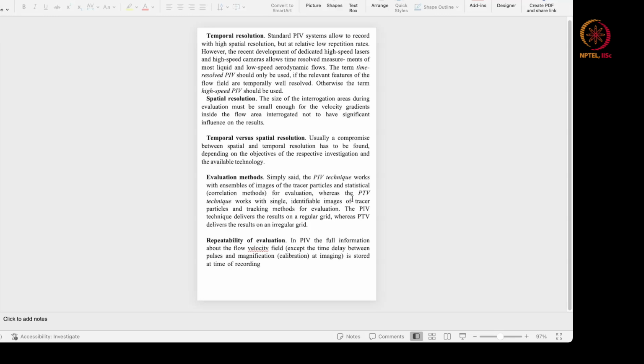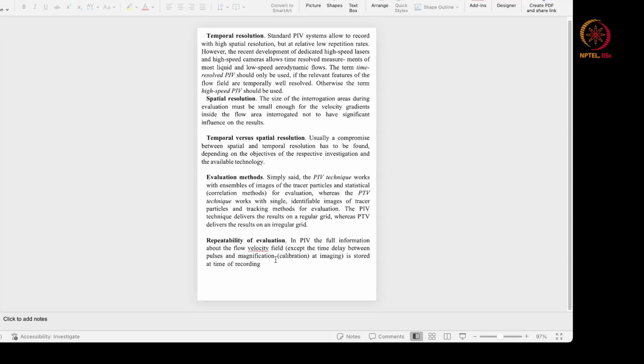Whereas in the case of PTV, which is particle tracking velocimetry, it works with single identifiable images of the tracer particles and tracking methods. PIV delivers results on a regular grid, whereas PTV delivers results on an irregular grid. Okay.